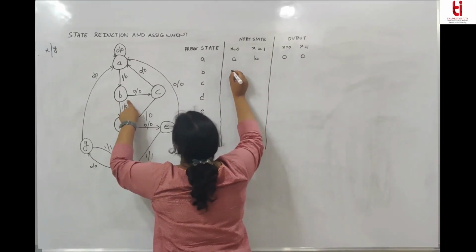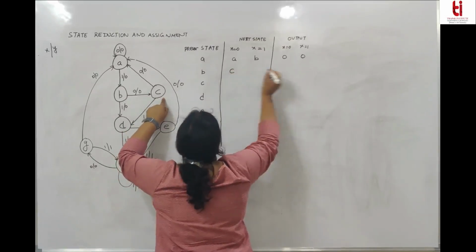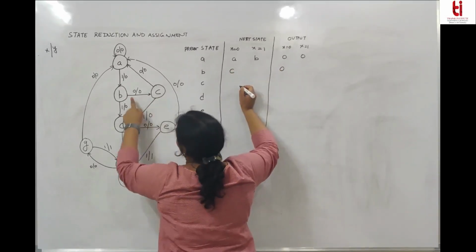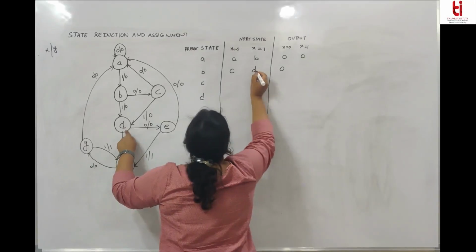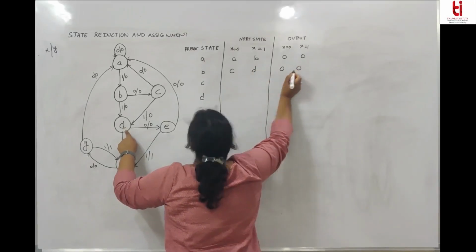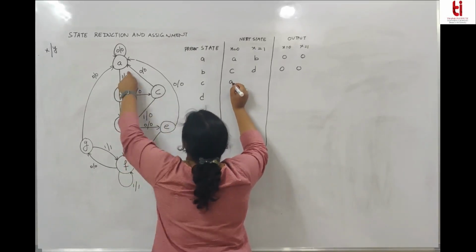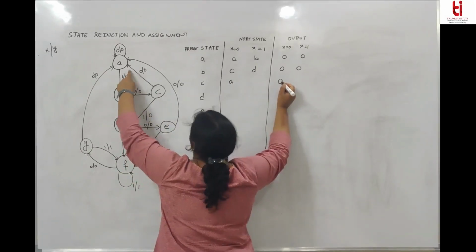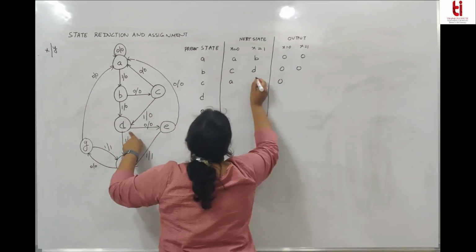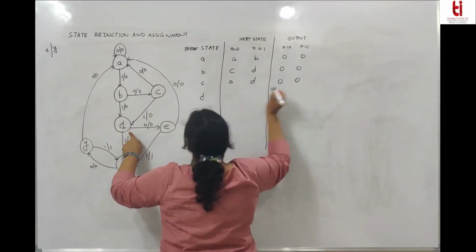From B, for x equal to 0, it goes to C, output is 0. For x equal to 1, it goes to D and output is 0. From C, for x equal to 0, it goes to A, output is 0. And for x equal to 1, it goes to D, output is 0.